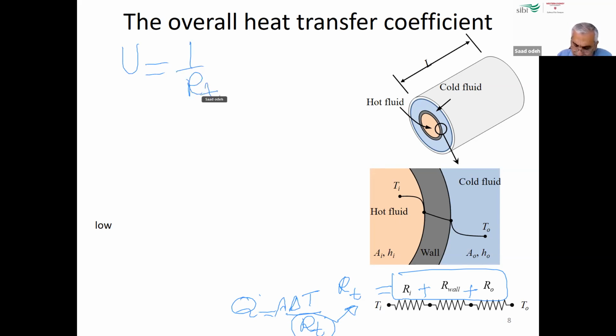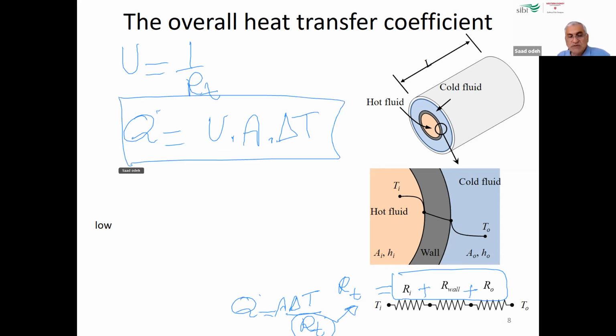So then you can represent the Q dot in terms of U, not R. So we can say Q dot is equal to U multiplied by A multiplied by delta T. Both of them will give you the same answer, but this is what they use in heat exchangers. So this is the equation used in heat exchangers analysis.